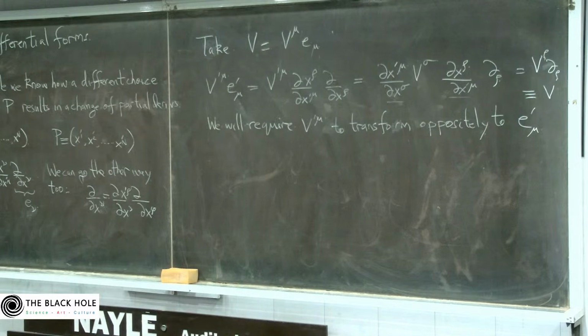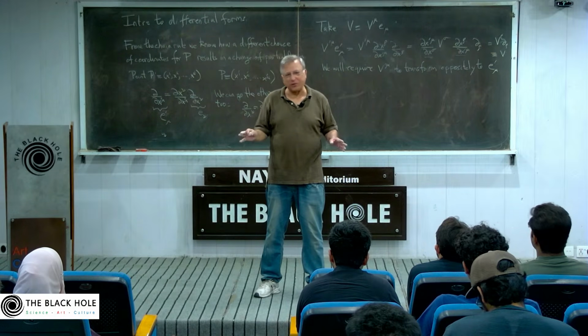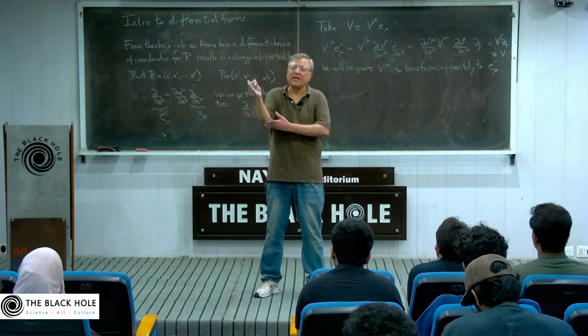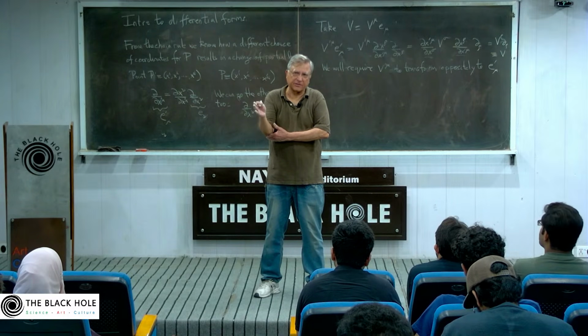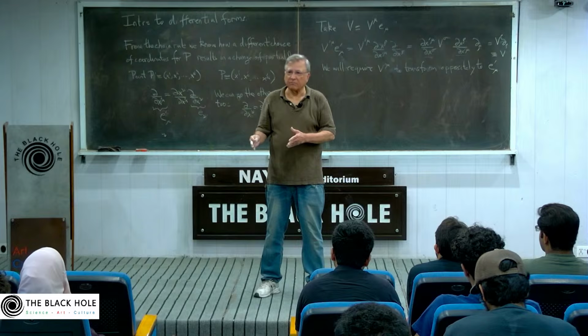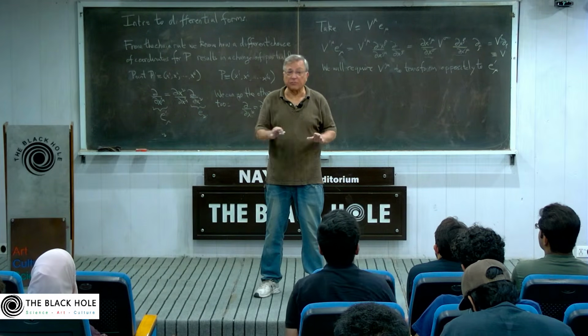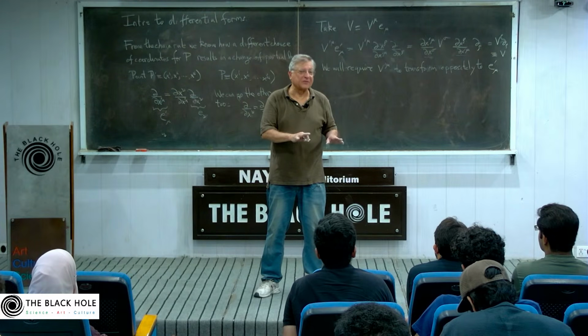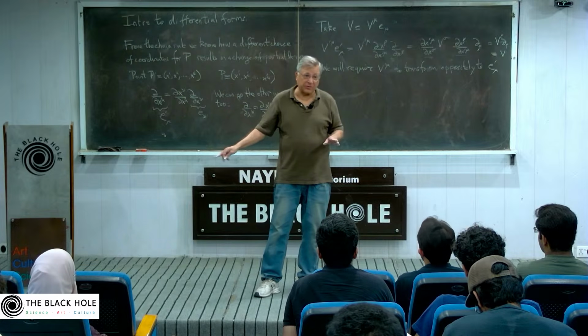So we've done this before, I know, but the point is so important it had to be repeated, that a vector has a real physical existence, and even if you make a transformation within that tangent space, we're not leaving the tangent space. We're not going to a different point on the manifold.